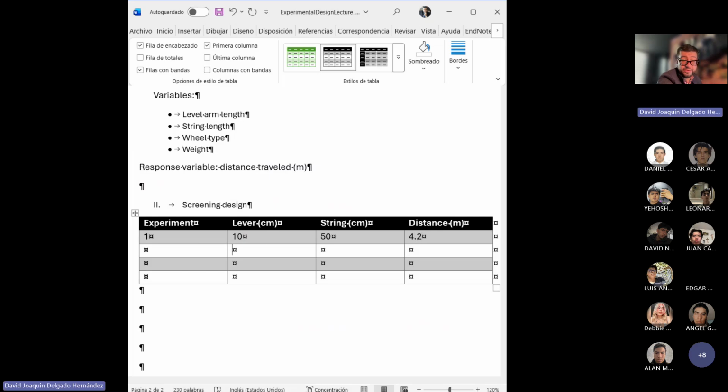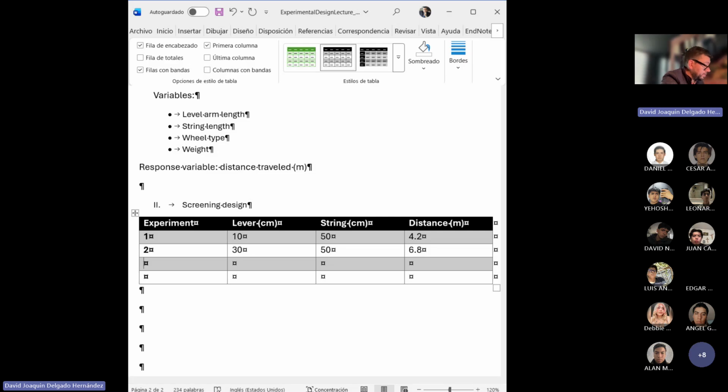Okay, that will be the first experiment. Then imagine that in the second experiment, you have a lever of 30 centimeters. Now you still have 50 centimeters in the string, and now the distance is 6.8 meters, right?